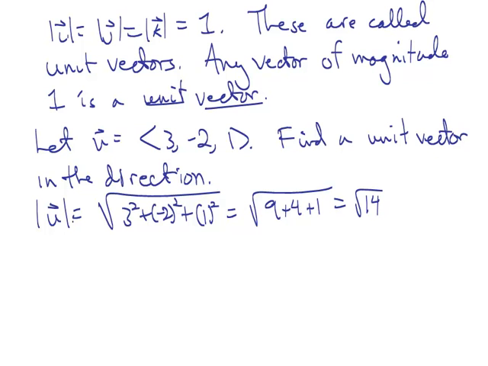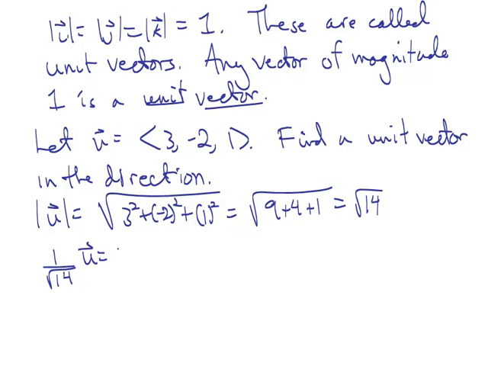Well, think about it. If the length was 2, what would I do? I'd cut it in half. I'd multiply the vector by 1/2. So instead of cutting it in half, we're going to take one over the length times the vector itself.